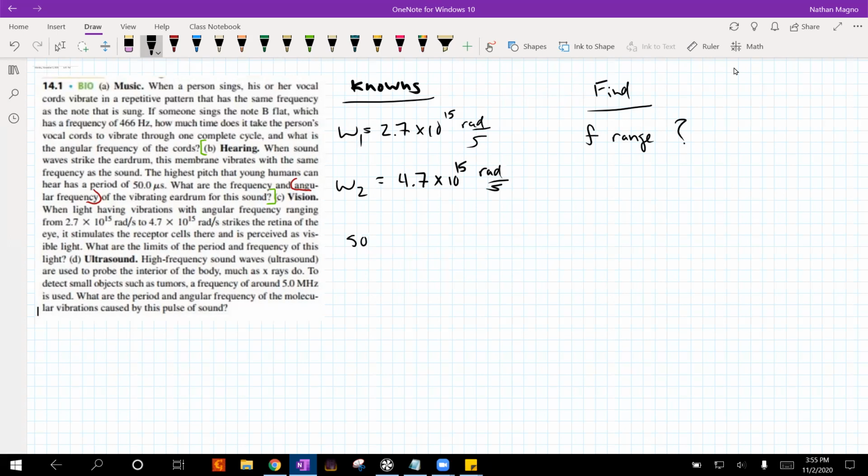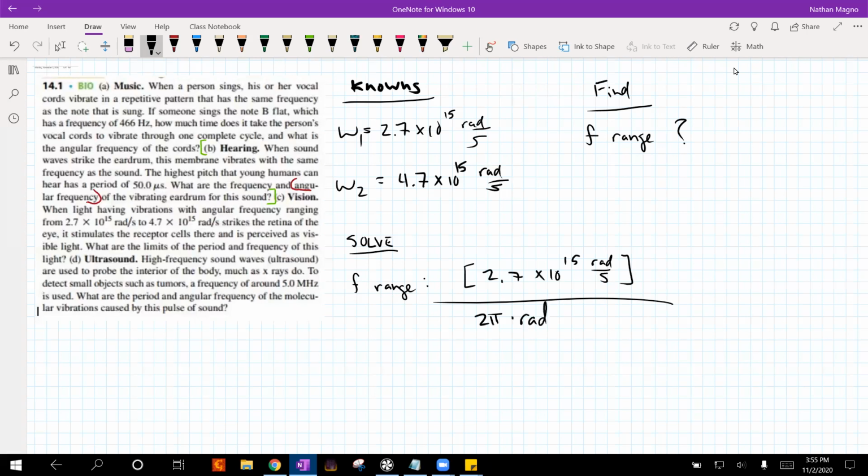So solving, I'm going to put our omega 1, 2.7 times 10 to the 15 radians per second over 2 pi radians, to 4.7 times 10 to the 15 radians per second over 2 pi radians.